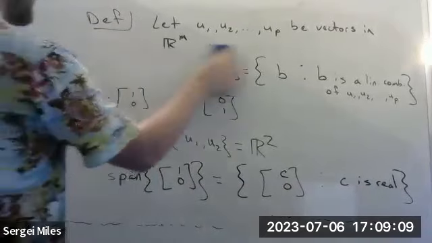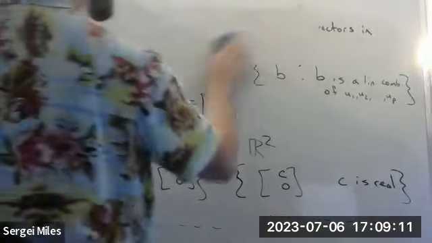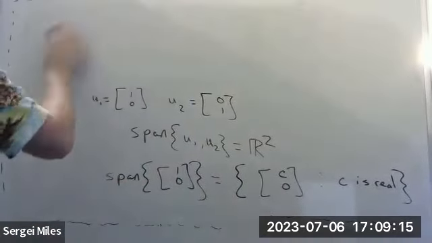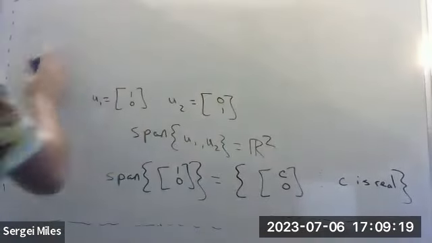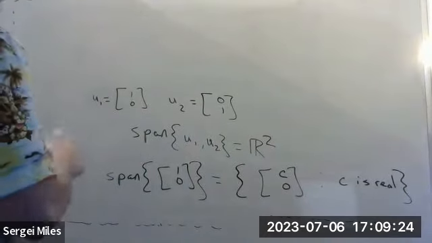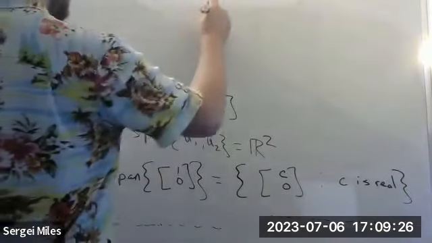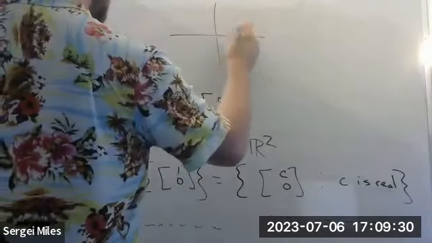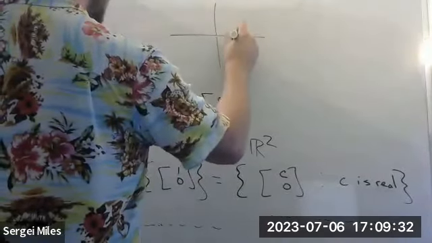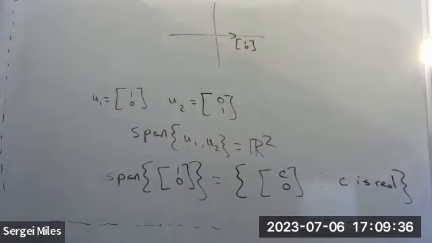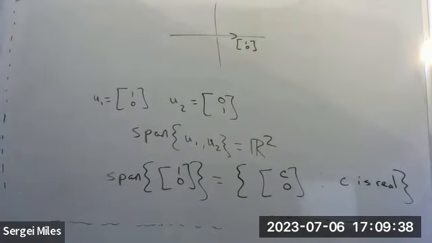So I'm going to erase this definition up here. Okay. So the span of (1, 0) is going to include the vector (1, 0), but then it's going to include any scalar multiple of it.